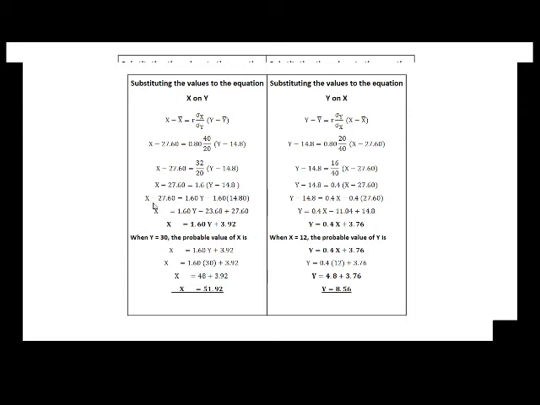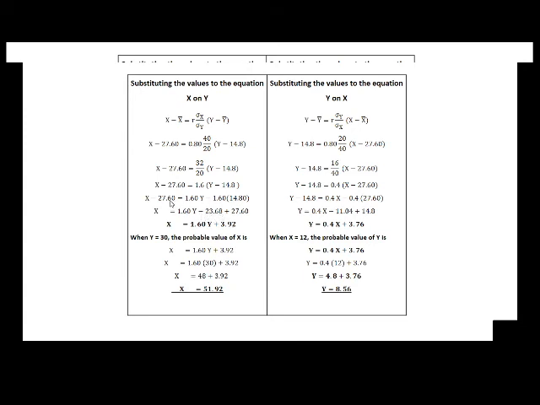So next is x minus 27.60 equals 1.6 into y, that is 1.60y, minus 1.6 into 14.8. So that is how the values come. x is equal to 1.60y minus 23.68.